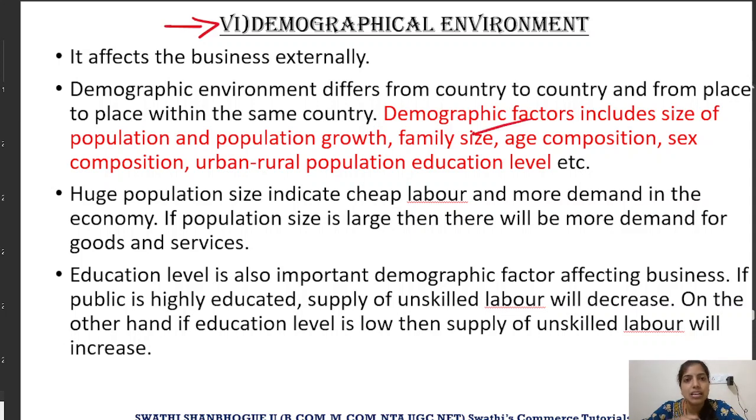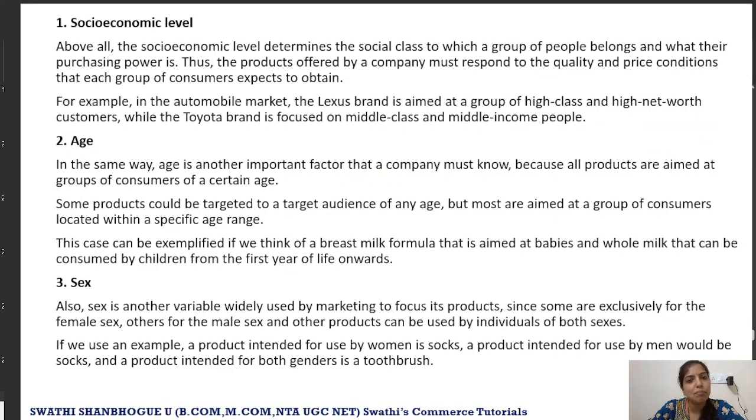Whether they are all nuclear families, or whether all the families in that particular country are joint families. What is the age composition? What is the sex composition? How many people are living in urban areas, and how many are living in rural areas? What is their educational background? All of these characteristics also help individual companies in order to develop products.